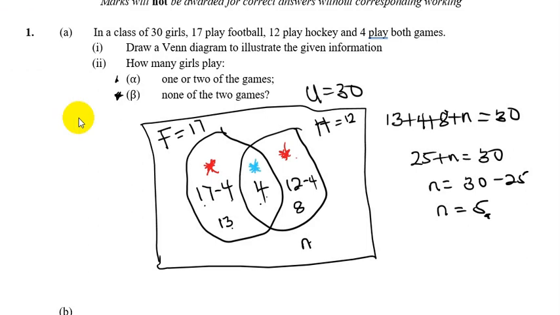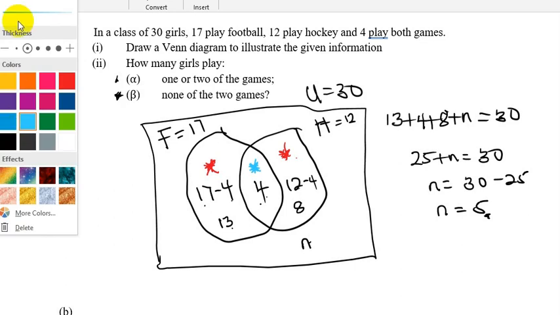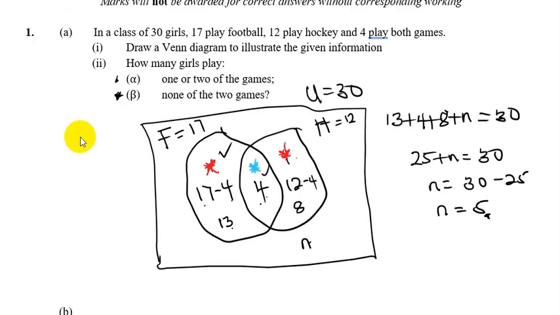Okay, so if the question is asking us to find those who play 1 or 2 of the games, this means we will pick those here, and those here, then we add them. So that will be, that's the alpha. Alpha will be 13 plus 4 plus 8, and that's going to give us 25. Okay, so that is all for question 1A for 2017.